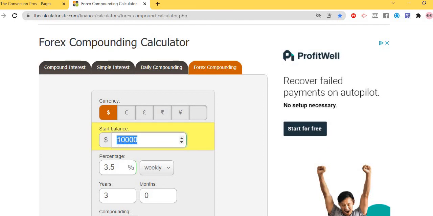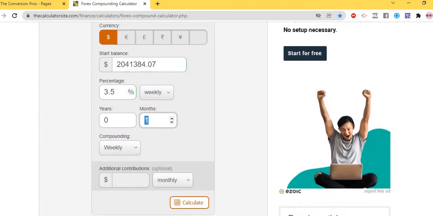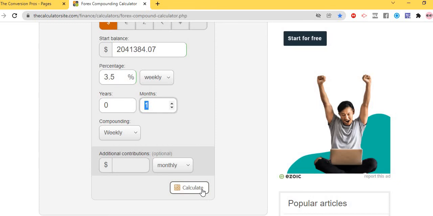So we got $2,041,384.07, and we're going to do this for 1 month at 3.5% weekly. Okay, so it's compounded. Let's do this.